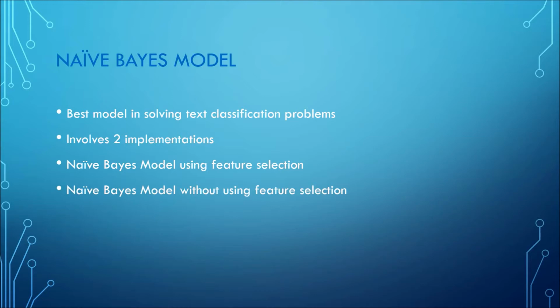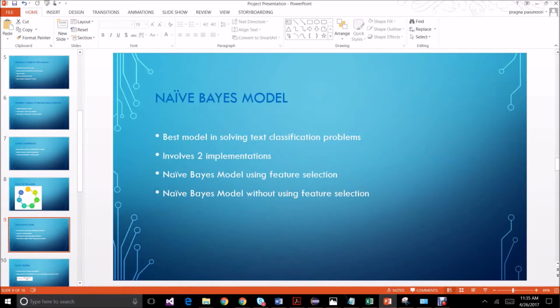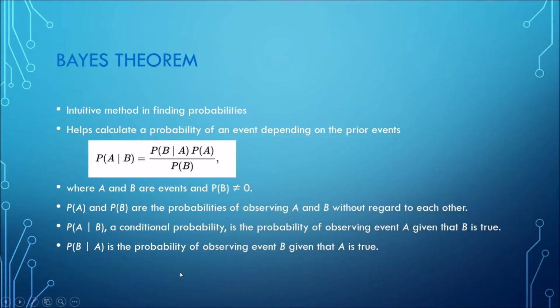So this model, the Naive Bayes model without using feature selection, involves processing of each and every word of all the training emails. So let's jump into how the Naive Bayes model has been implemented.